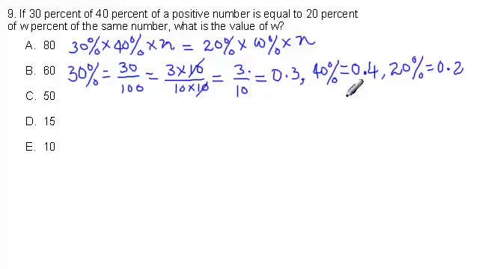And for the W, because we don't know the value of W in W%, we are just going to use W out of 100. So these are all the decimal values.